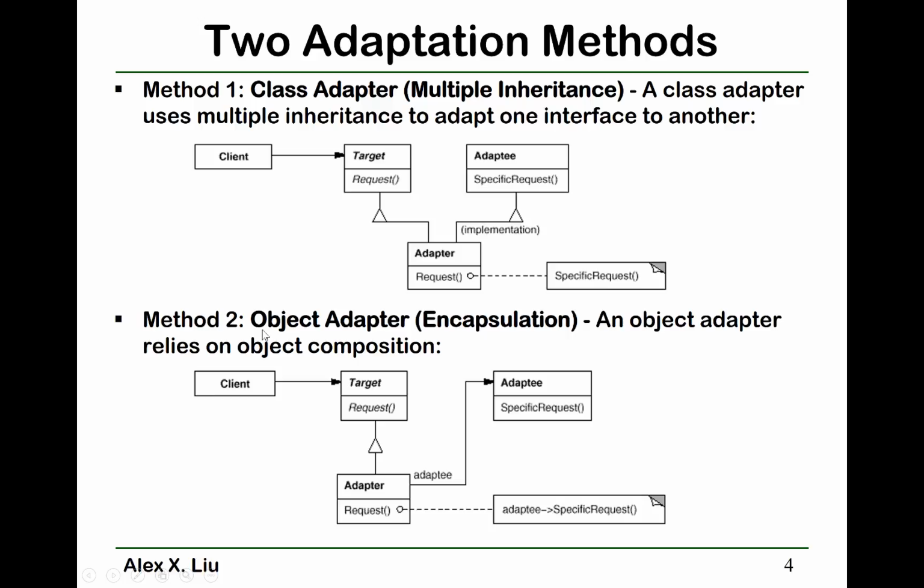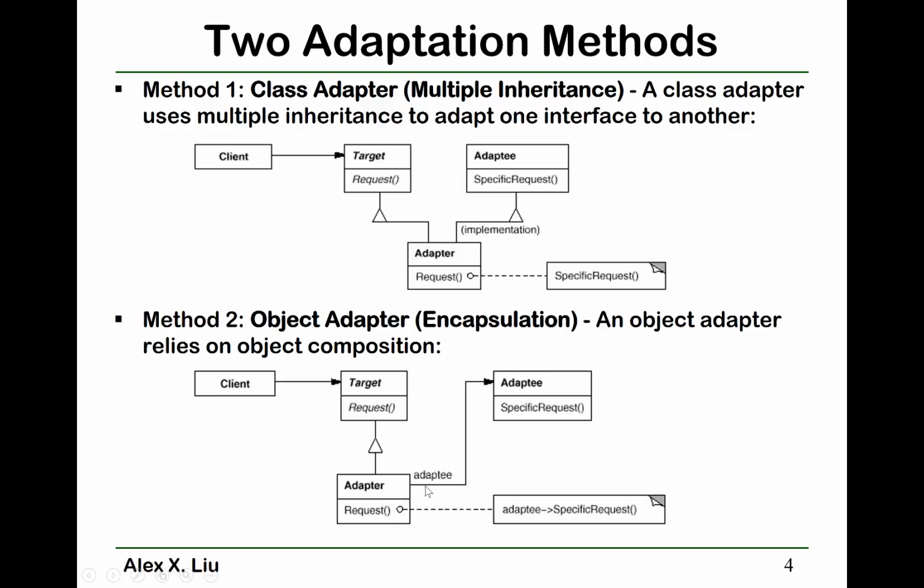Another way to do this adaptation is called object adapter. In this adaptation way, we have a class that inherits from this target interface, and then in this derived class, we define an object.